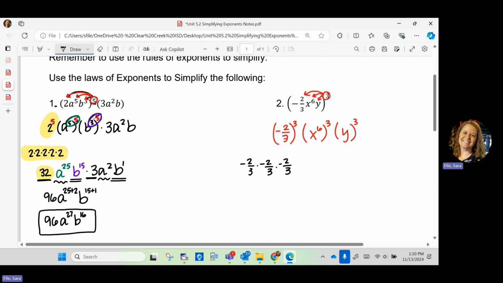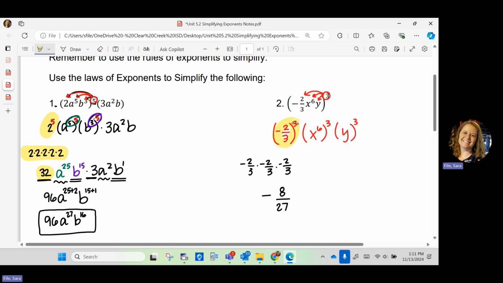So it's definitely going to come out negative. When you're multiplying fractions, just multiply straight across the top. 2 times 2 times 2. So 2 times 2 is 4, times 2 is 8. So 8 in the top, and straight across the bottom, 3 times 3 is 9, times 3 again is 27.